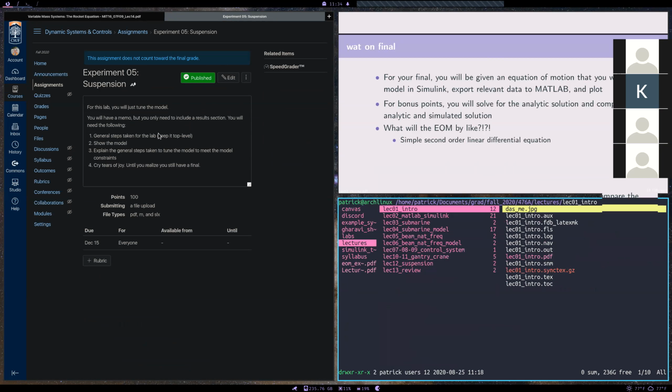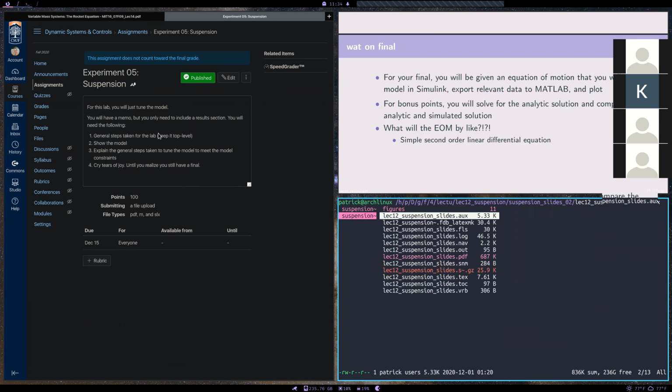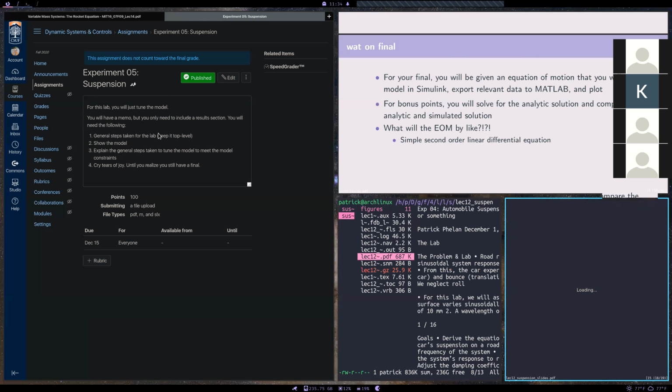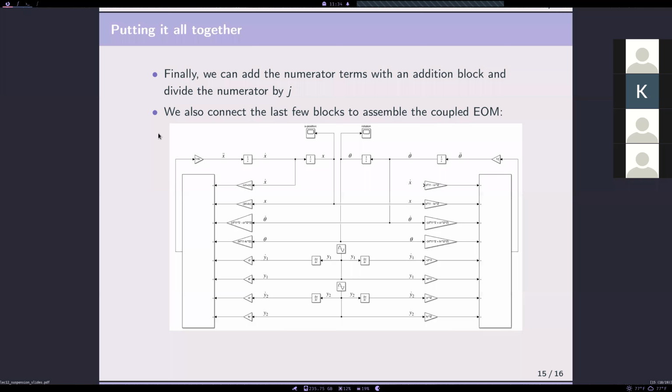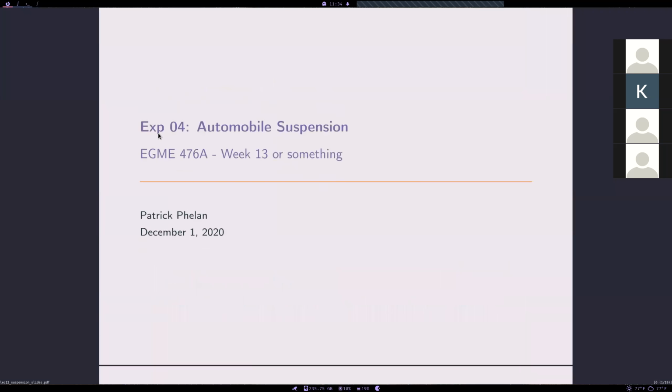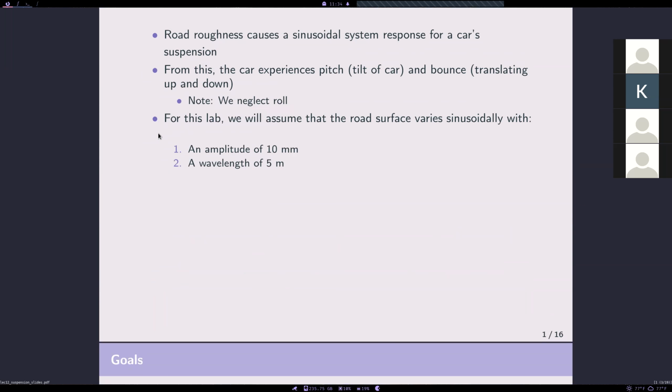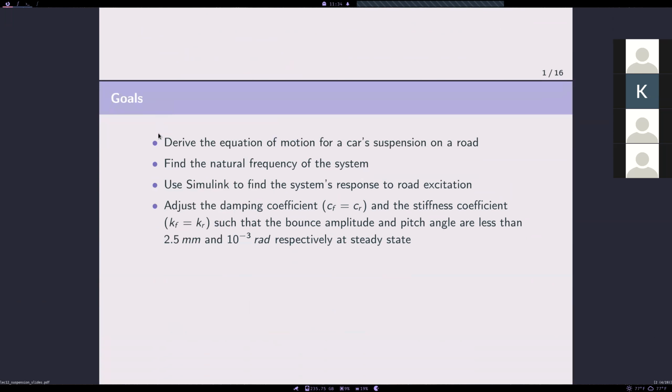Let's go back and take a look at that. Okay, so for lab 5, we had a few constraints. Where are they? Right here.